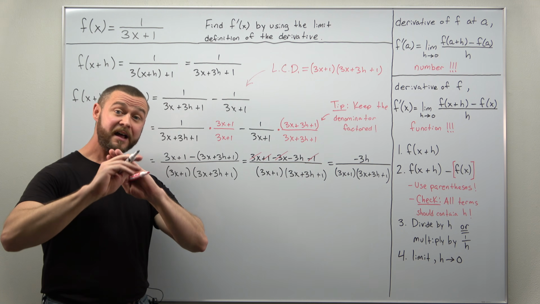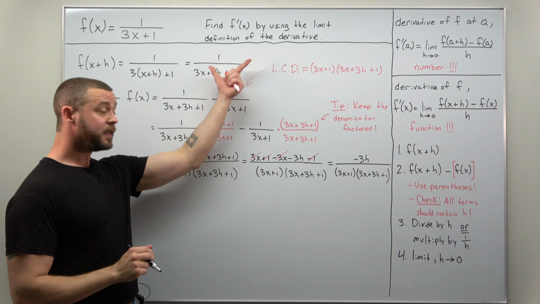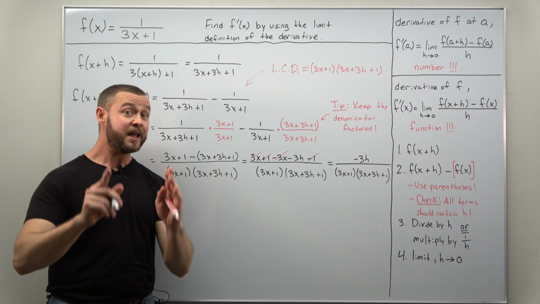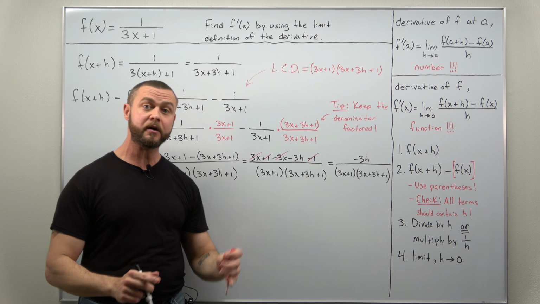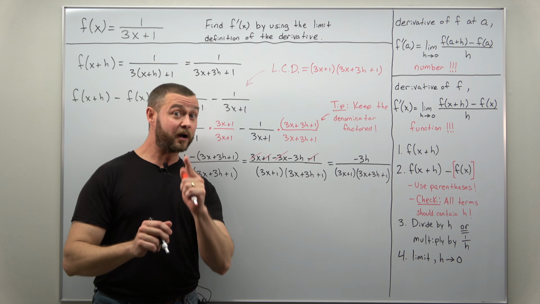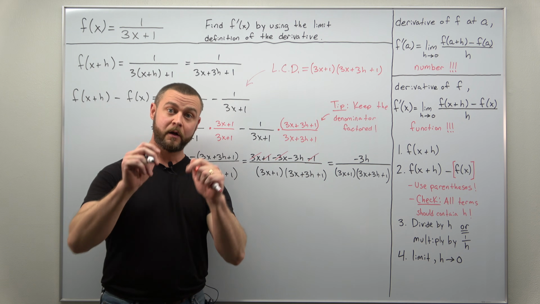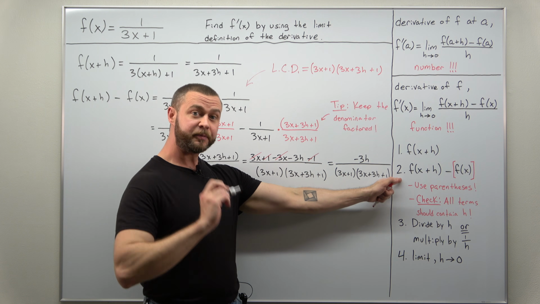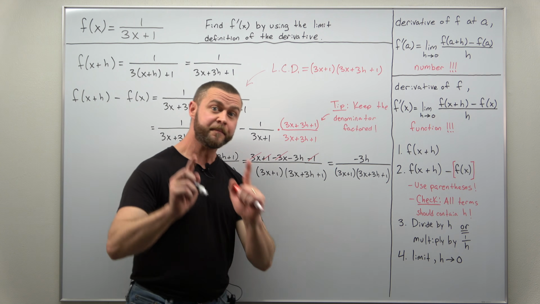All right, and here, that is almost all of the work. If you got through this on your own and you fully understand all the steps here, you're in great shape to do very well in your Calculus 1 course. All right, we're at step 2. Let's keep going to step 3.